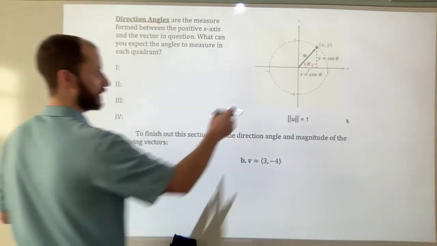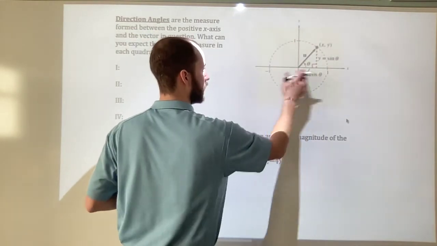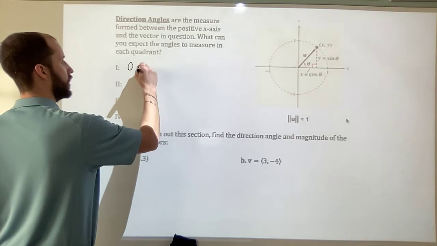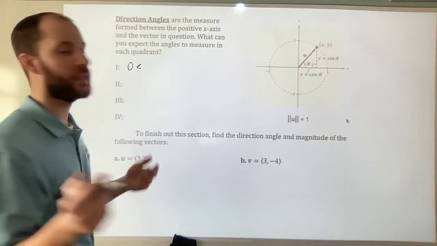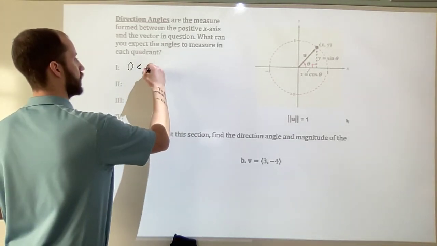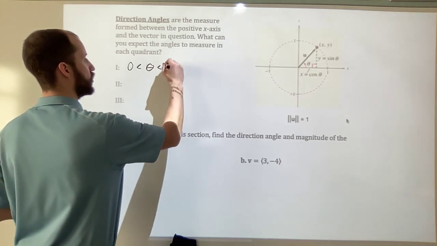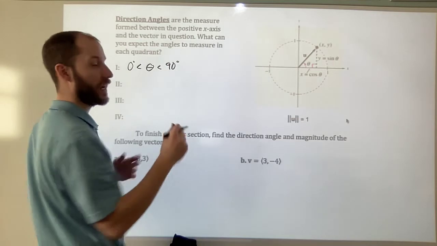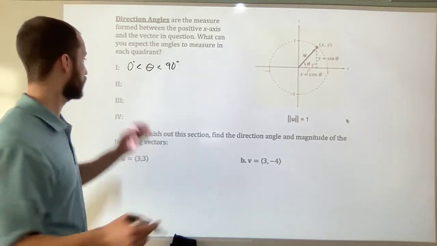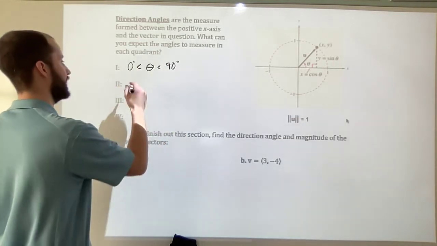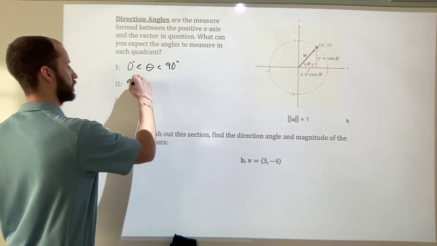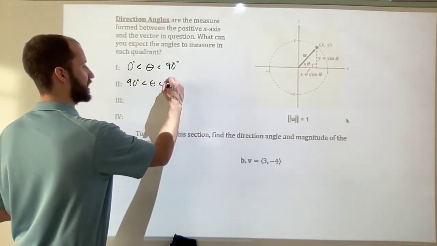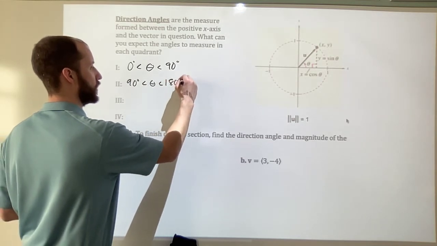So remembering quadrant 1, 2, 3, and 4. Quadrant 1 is 0 all the way up to 90. And right now we use degrees. But of course, if you wanted to, you could use radians. So 0 to pi over 2 radians. Quadrant 2 encompasses direction angles from 90 to 180.